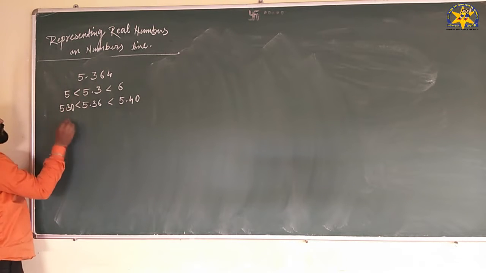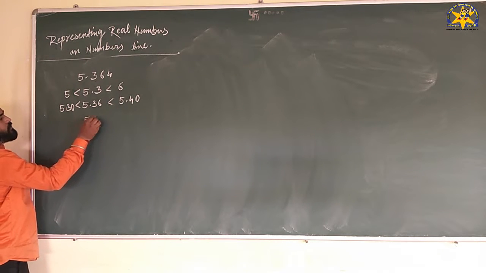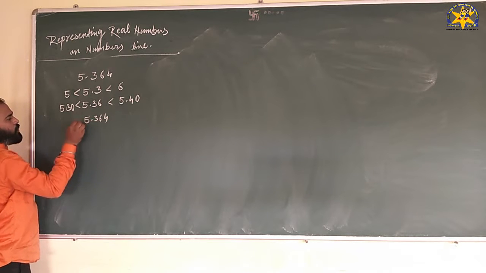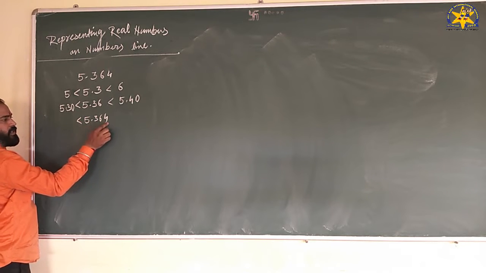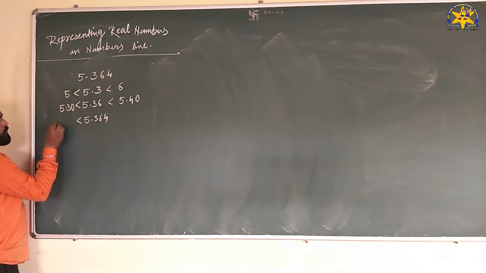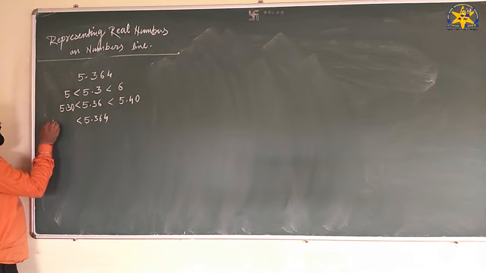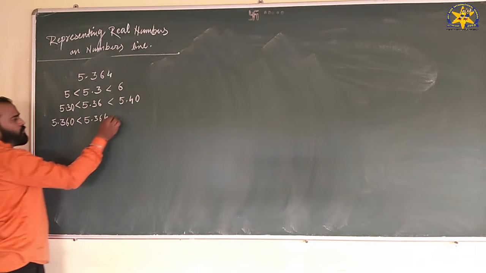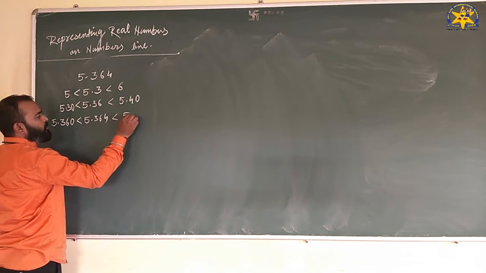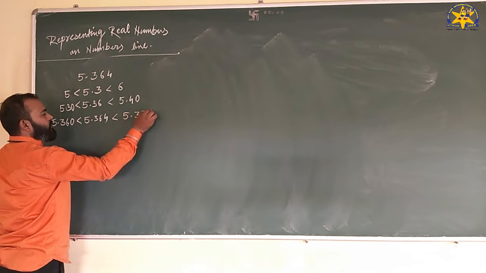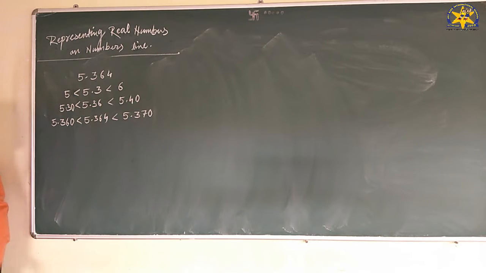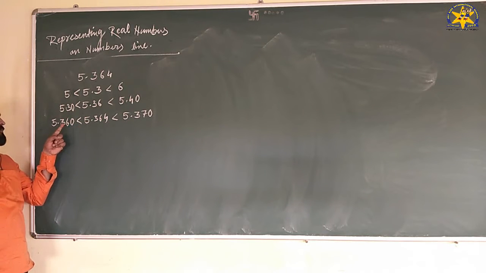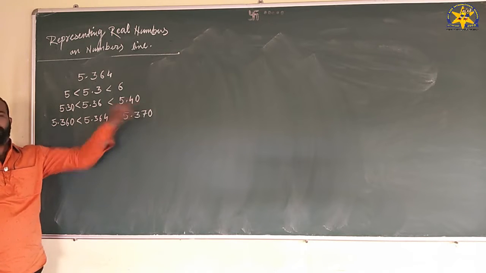Then 5.364. 364 will come between 5.360 and 5.370. Okay, 364 lies between 360 and 370.